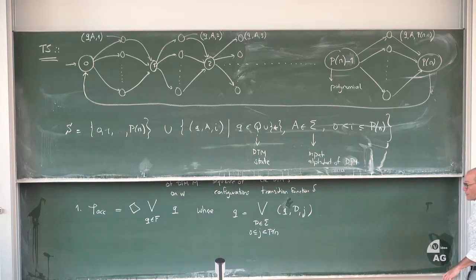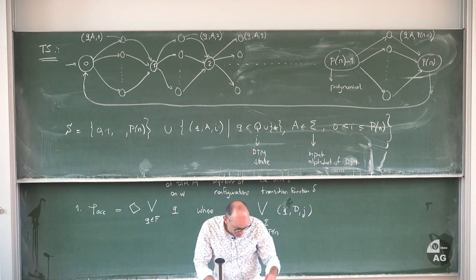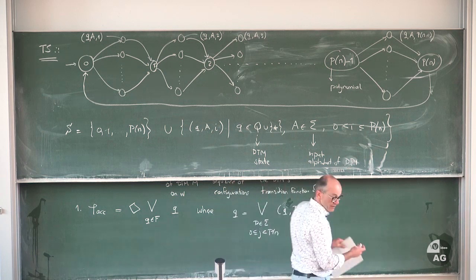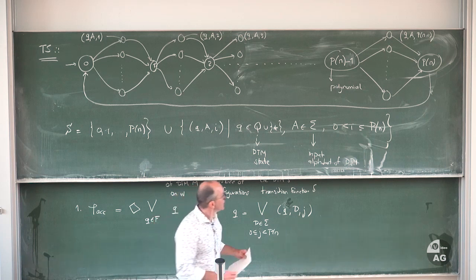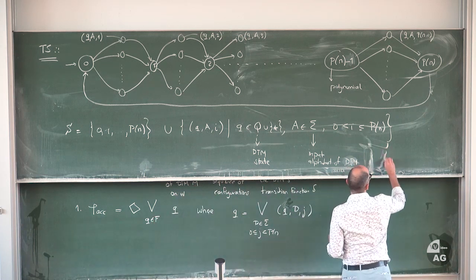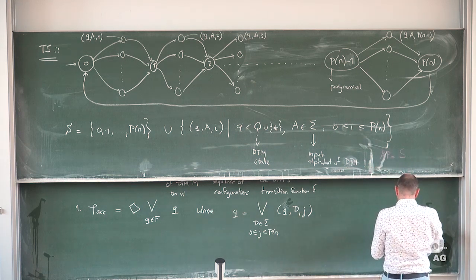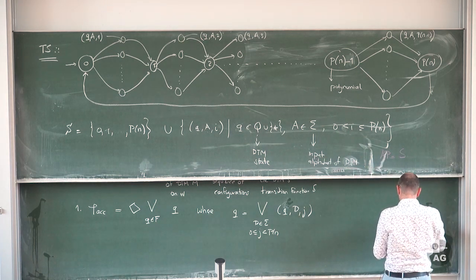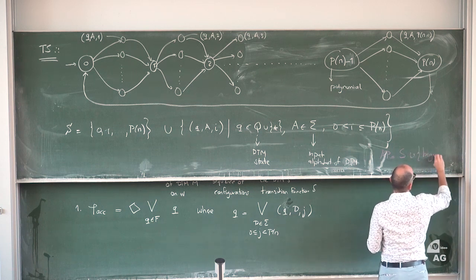So what are the atomic propositions I'm going to use here? The atomic propositions are the following. So maybe I write this down in a different color. So AP is the set S unified with begin and end.